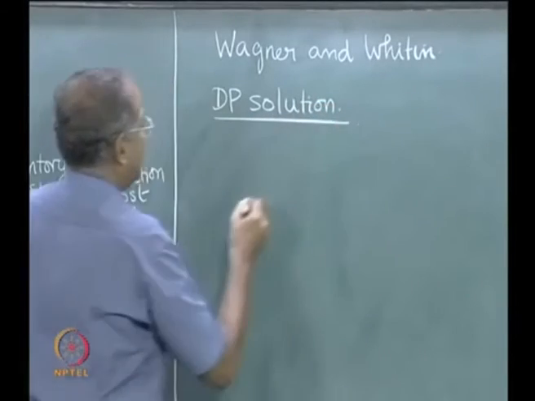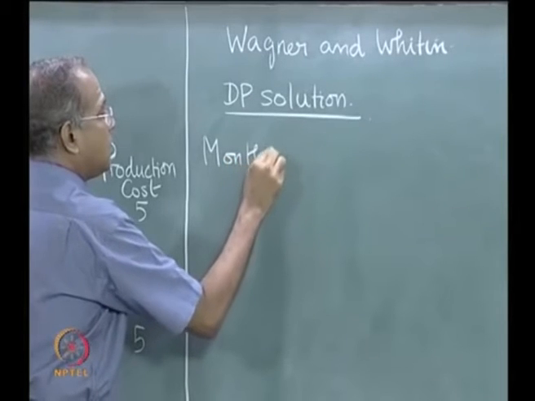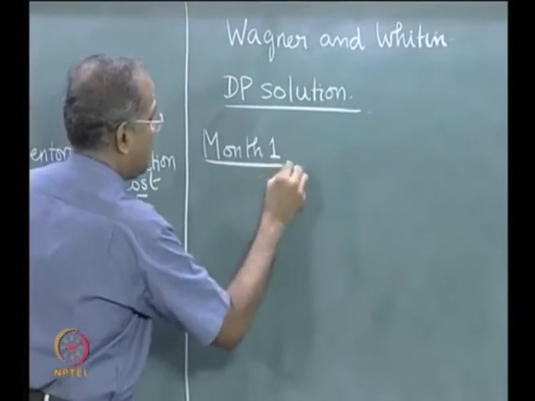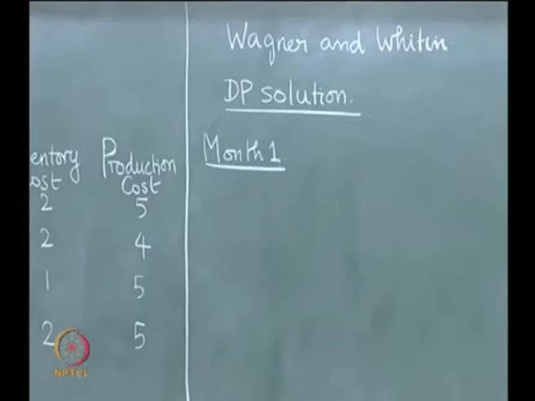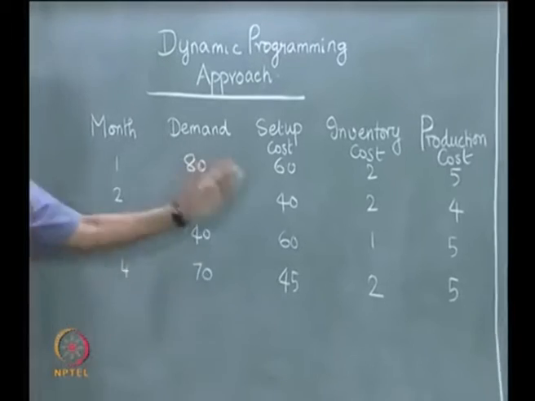So, let us start with trying to meet the demand of month 1. There is no beginning inventory, so we have to produce in month 1.